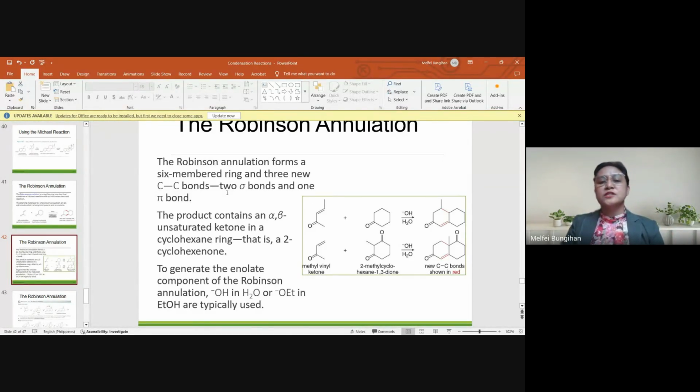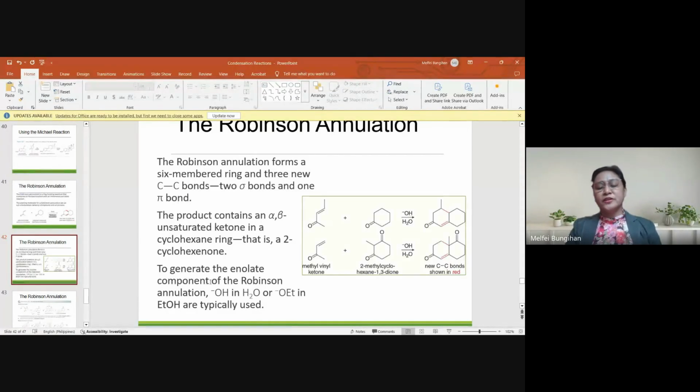And of course, it will have two new sigma bonds and one pi bond. And your product contains, of course, your alpha, beta unsaturated ketone.